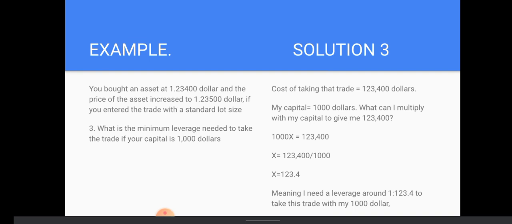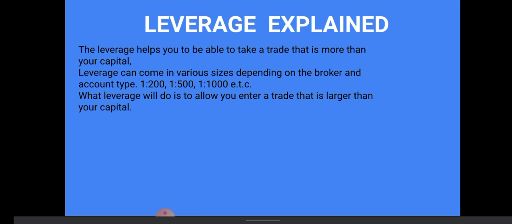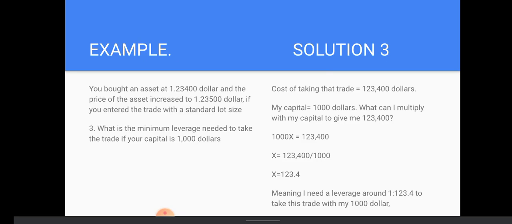Now, if you can flash back to what I said here, if you have an account of 1:200, it means you can take a trade that is 200 times larger than your capital. It simply means that leverage is multiplying with your capital for you to be able to enter a trade. So if leverage is multiplying by your capital, and here they are asking us what is the minimum leverage needed for you to use this capital, $1,000, to enter the trade.